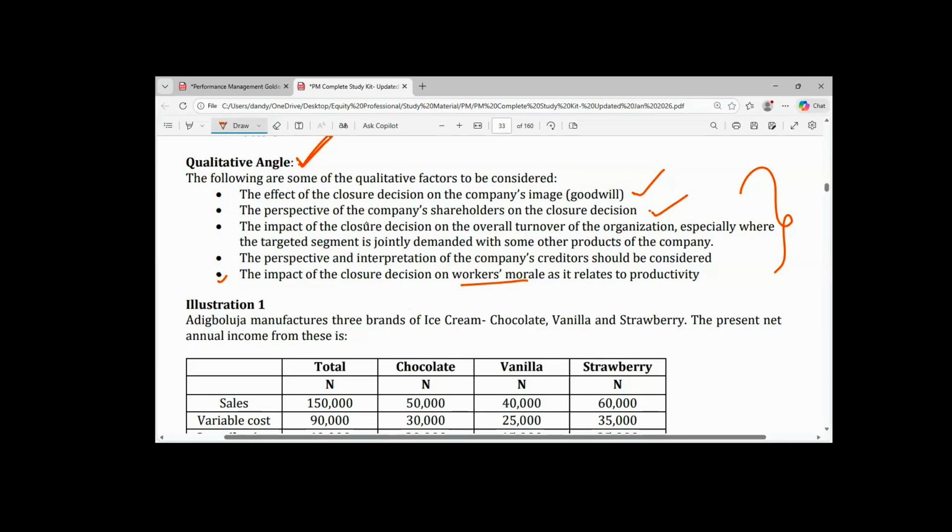Now, if you delete the affected segment, you don't want to produce it again, certainly it will affect workers' morale. The workers that are working on the segment that you want to delete, maybe you ask them to go, or you want to redeploy them, or let's say in this case, you want to sack them because you are no more producing the segment they are supporting.